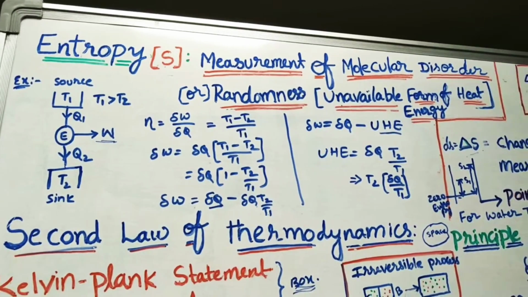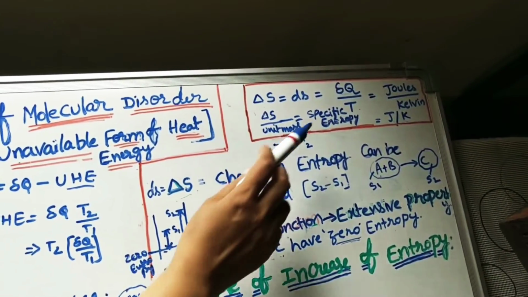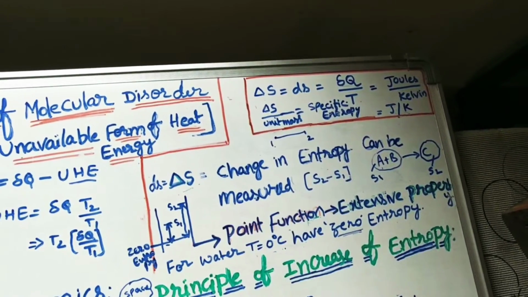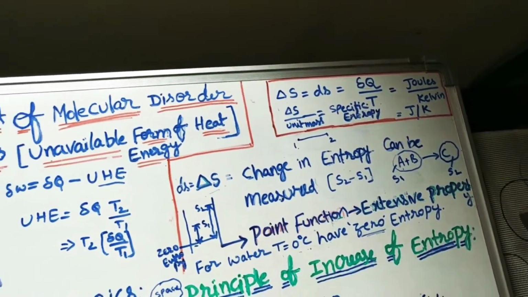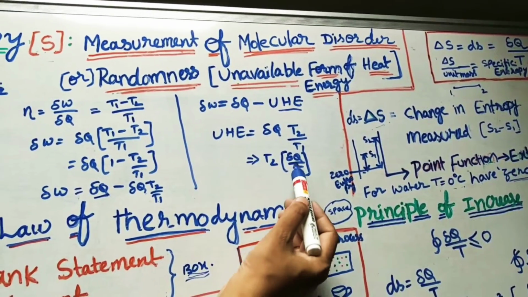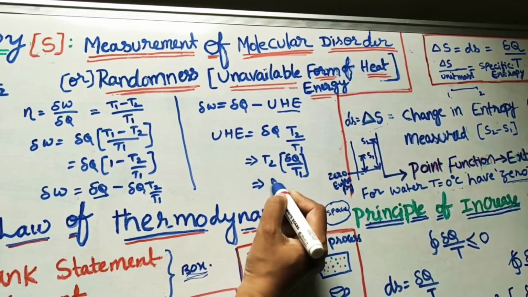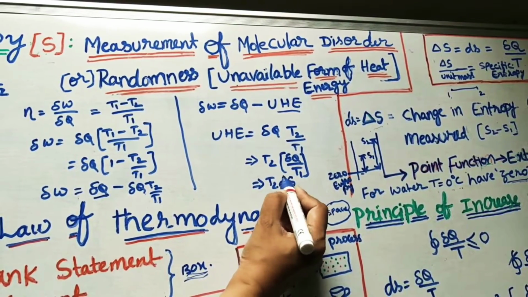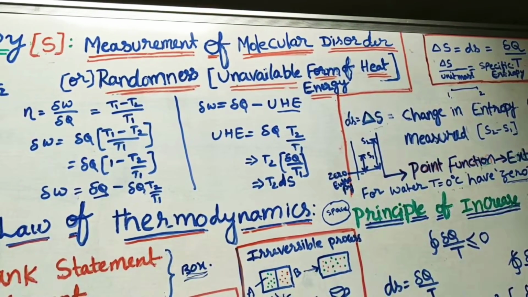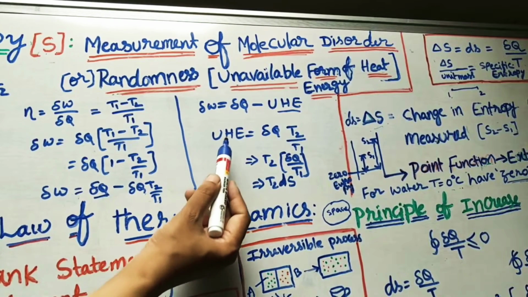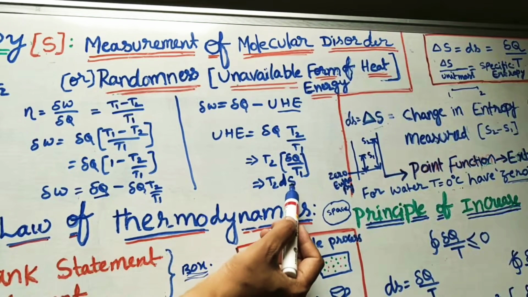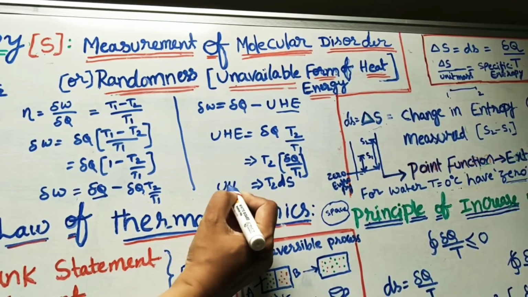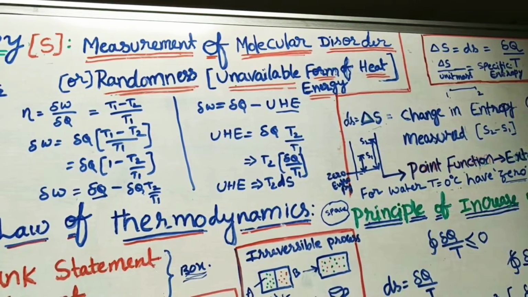According to the entropy equation, delta Q by T is the heat supplied to the engine over the temperature of the source. So we can take delta S instead of delta Q by T1. So the unavailable form of energy is equal to T2 into delta S. Using this change in entropy, we can find the unavailable heat energy.